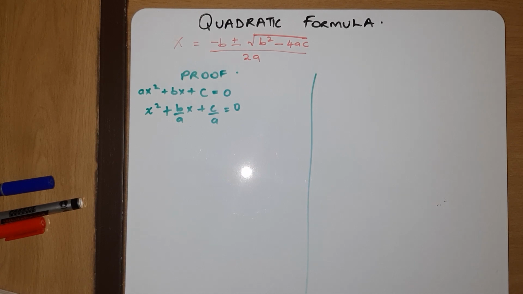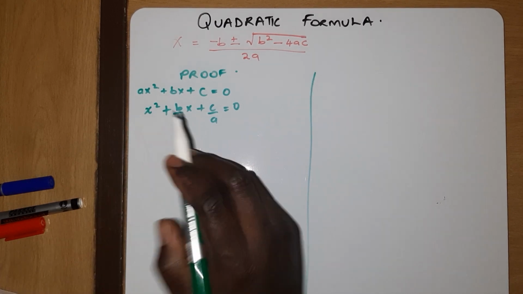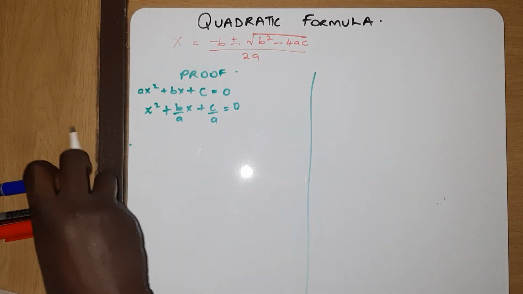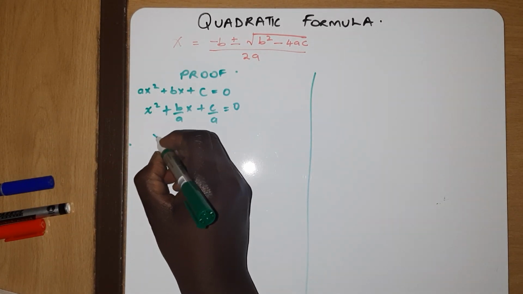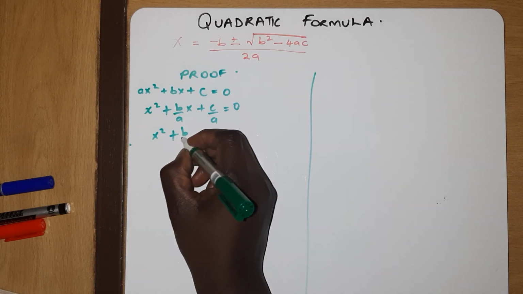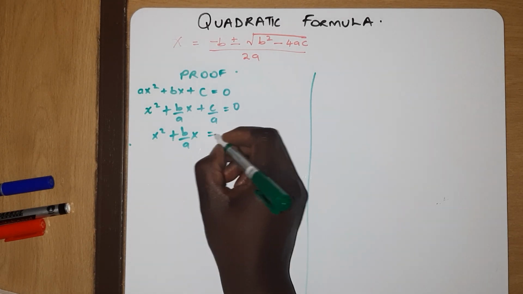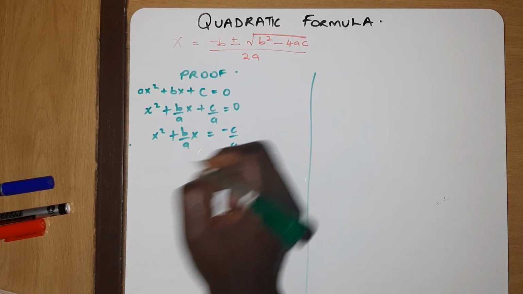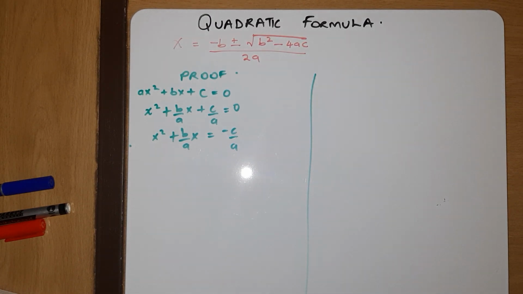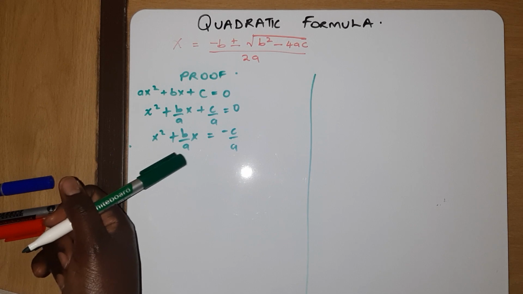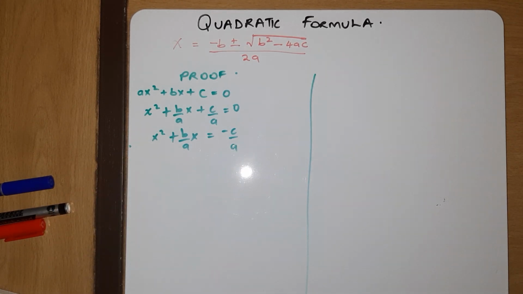Now we want to complete the square. Let's take our c coefficient to the right first. x squared plus b over a x is equal to minus c over a. When we're completing the square, what we add this side, we must also add that side.